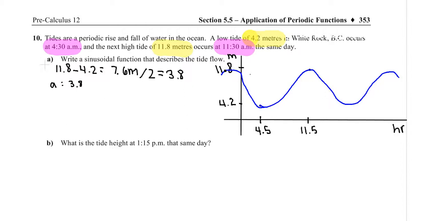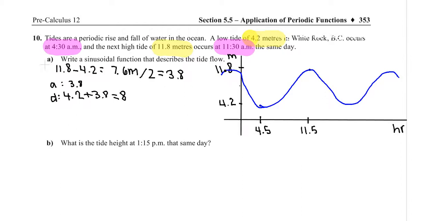Okay, so we know that the amplitude is 3.8. To figure out where the vertical displacement takes place, what we can do is add 3.8, which is the amplitude, to our minimum. So 4.2 plus 3.8 is equal to exactly 8.